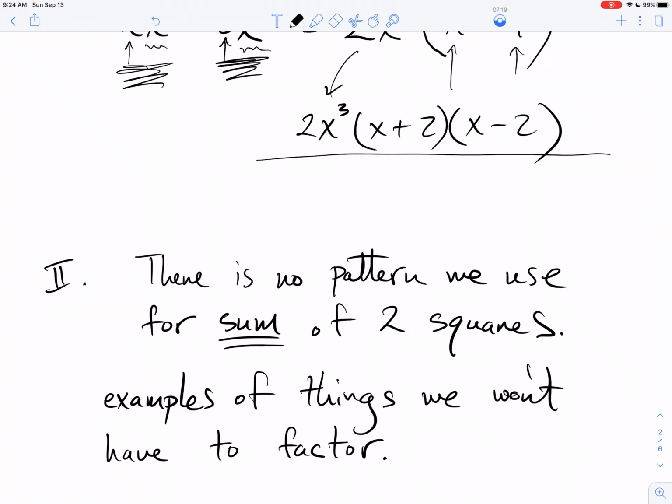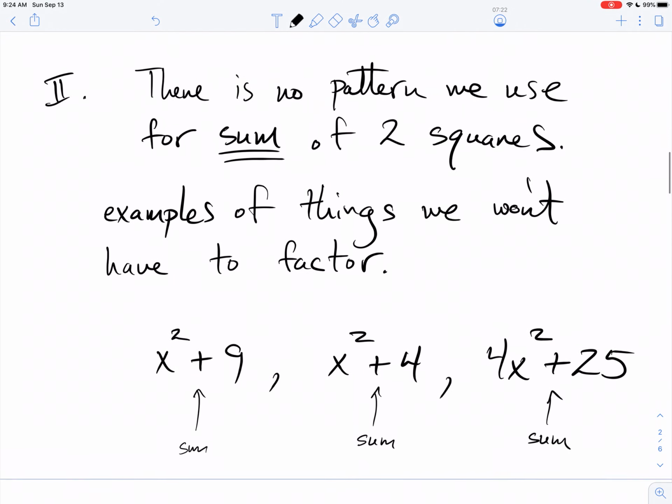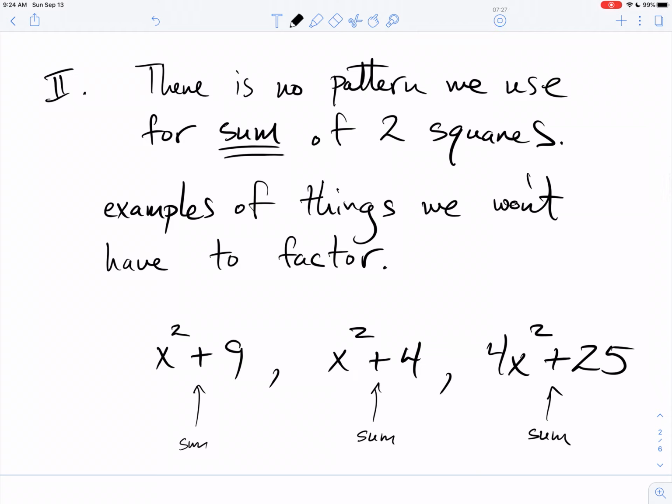So examples of things we won't have to factor, I made these guys up. X squared plus 9. That's a square and that's a square, but that's not a difference. That's a sum. X squared plus 4.